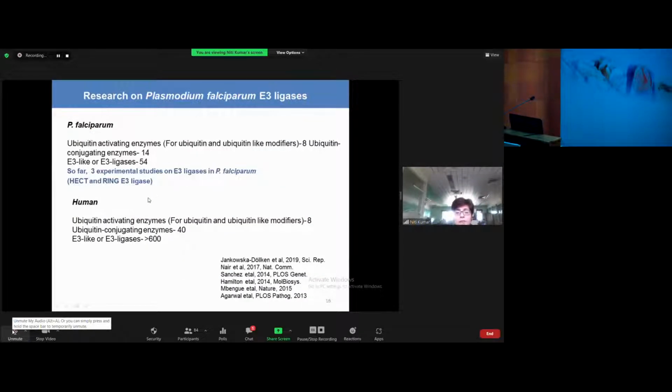If we look at the work done in humans, more than 600 E3 ligases have been identified, and they are suggested to be involved in different pathways. But in Plasmodium, there are very limited E3 ligases. So far, there are 3 experimental studies on E3 ligases in Plasmodium falciparum, primarily on HECT and RING E3 ligases.